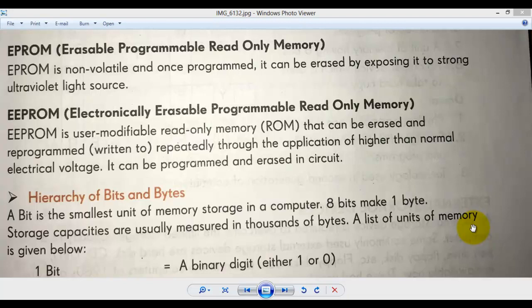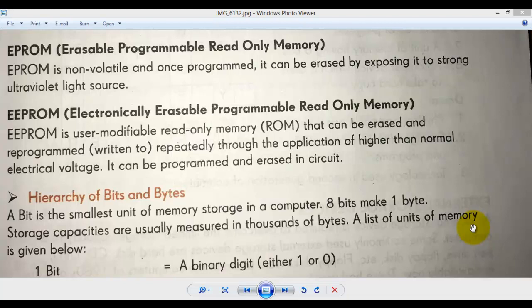Reprogram means we can change or alter it repeatedly through the application of higher than normal electrical voltage, and it can be programmed and erased in circuit. So by using a specific electrical voltage and this circuit, we can erase it. We can rewrite or alter all the information stored in this type of memory.